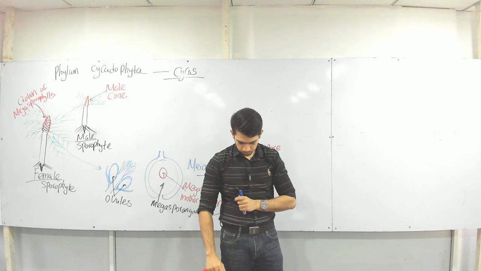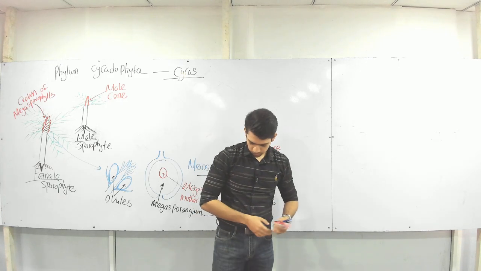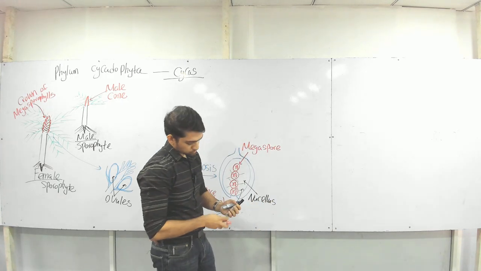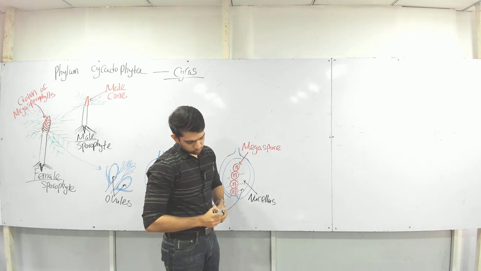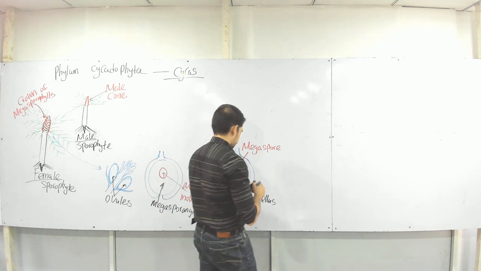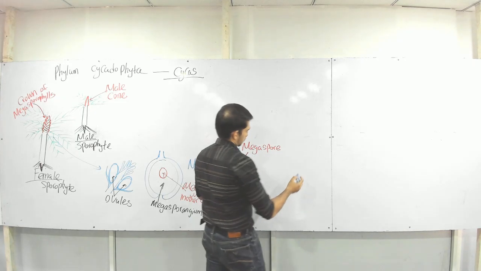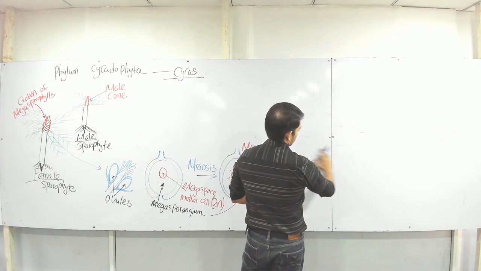So let's draw a mature ovule. In the mature ovule, you need to know some things, right? So the integument is going to remain a bit lower on the mature.